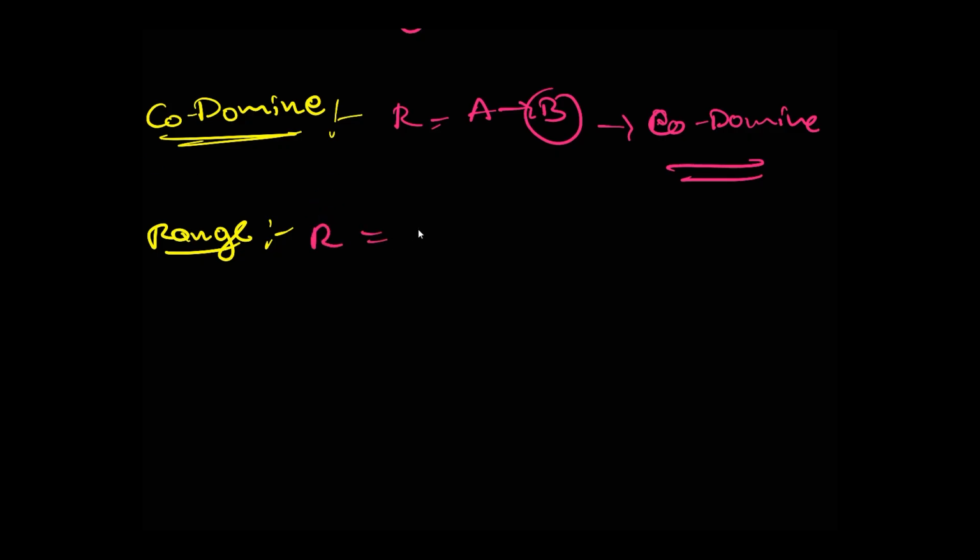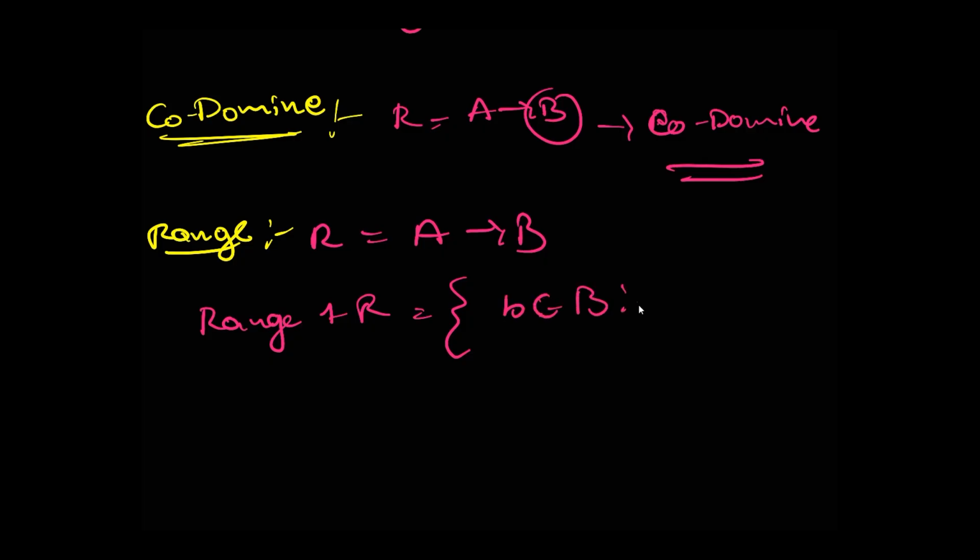If R is a relation between A and B, then the range of R will be the set containing b belongs to B such that (a, b) belongs to R for some a belongs to A.